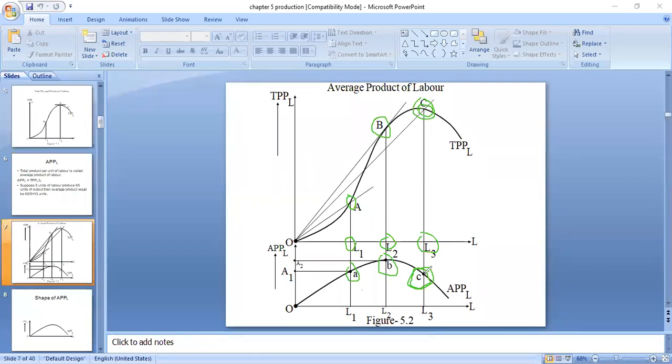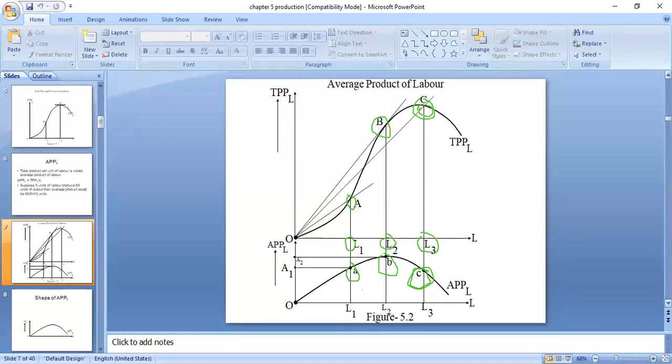So if a producer thinks, oh yeah, my total product is at the peak, and is happy, then he will be in a false position, because TPP does not imply the real picture. You need to look at whether average product is at its peak or declining, so that you can understand whether you are in good shape. You need to look at that very carefully.